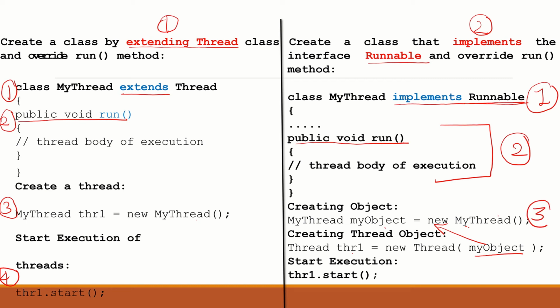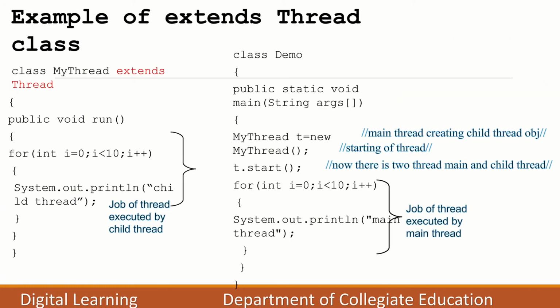Step 3, create an object for your runnable class. Step 4, create a thread object by passing this runnable object as an argument. And step 5, start the thread. Then only the thread will start its execution. So this is how we create threads, by using the Thread class or by implementing the Runnable interface.